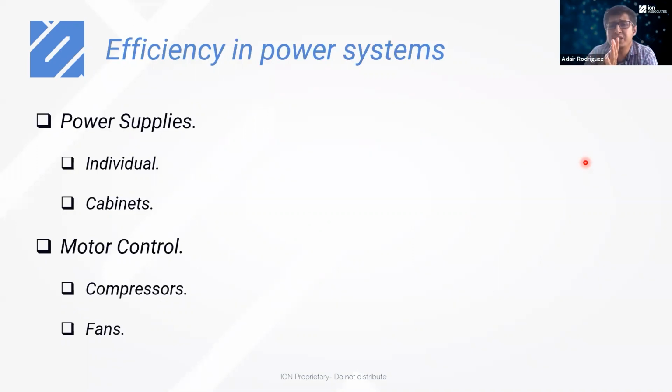For power supplies, we can talk about not only the individual control units, but also big corporate buildings or big facilities, where we can identify cabinets with relays and other control units that might require a power supply. So it's not only about one simple stage. Also, motor control we will see on compressors, fans, or the systems that control the ventilation, okay?